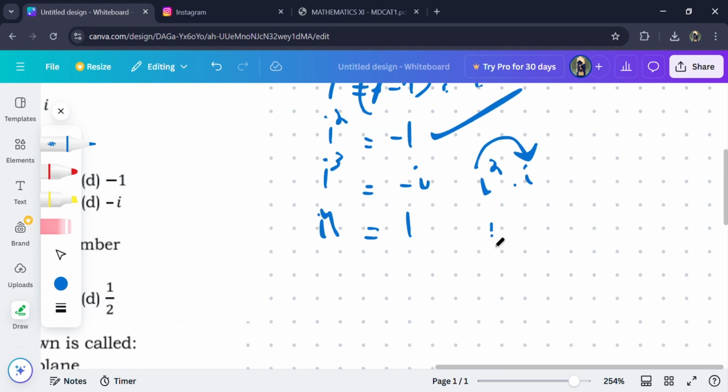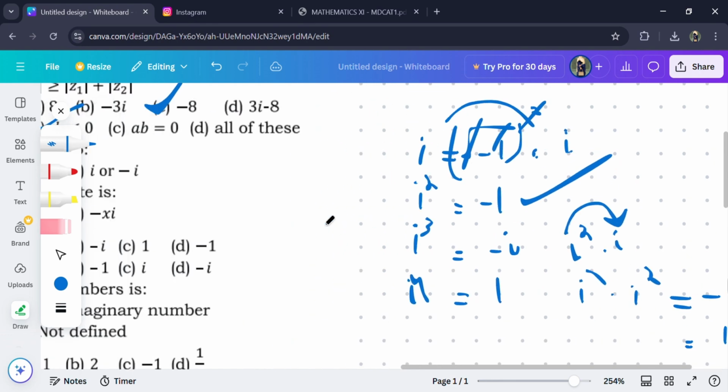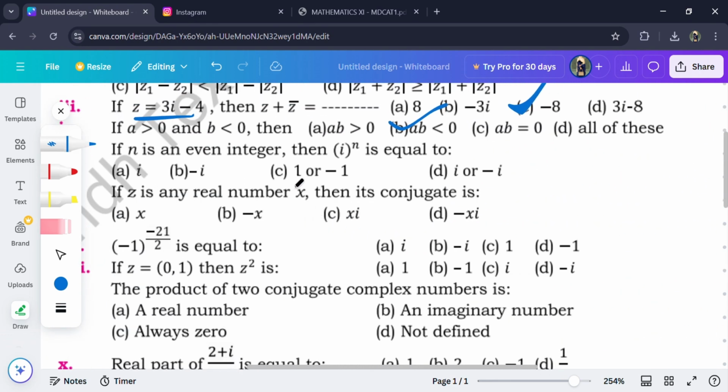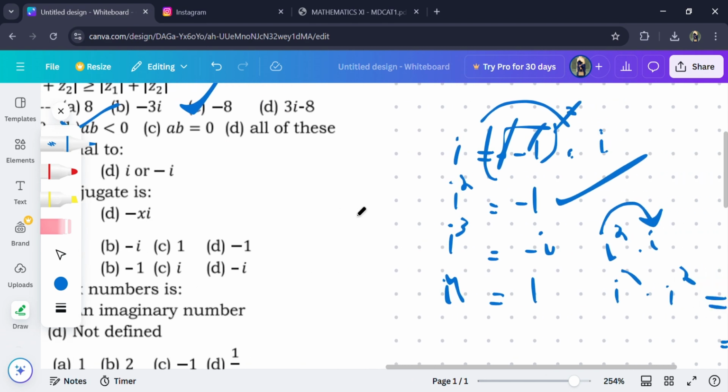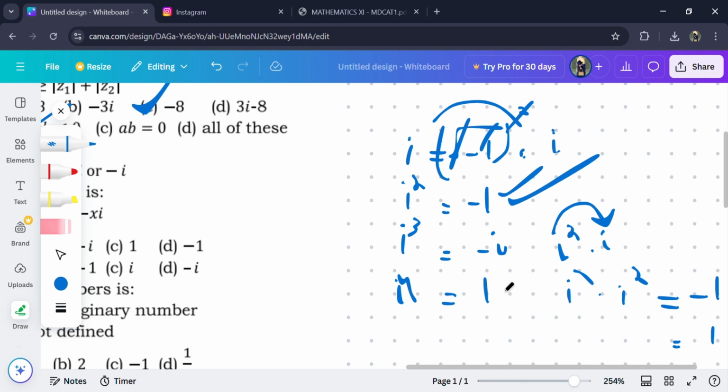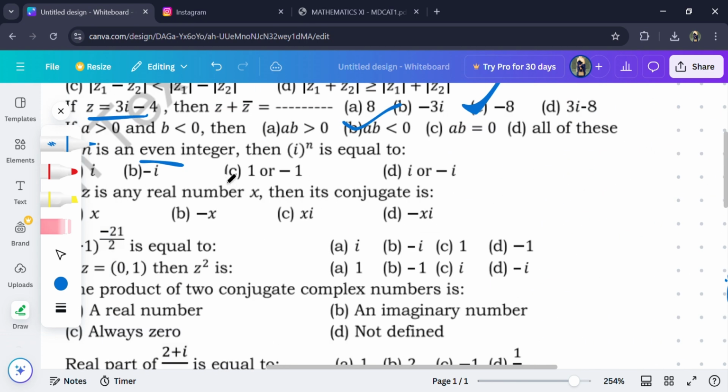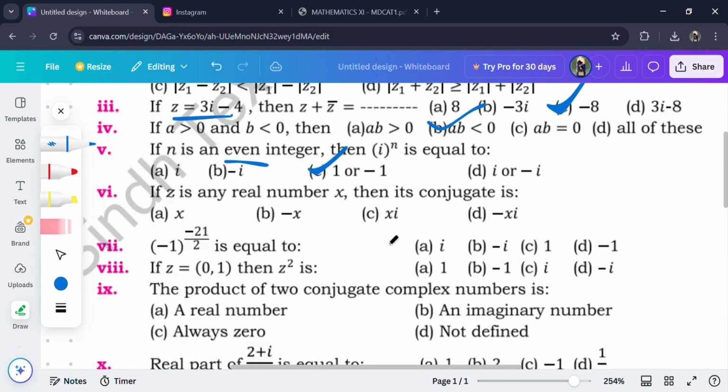Then I power 4 means I square into I square, which is minus 1 multiplied by minus 1, equal to positive 1. So if n is an even integer, it can be positive 1 or negative 1. We'll consider option C, which says it can be positive 1 or negative 1.